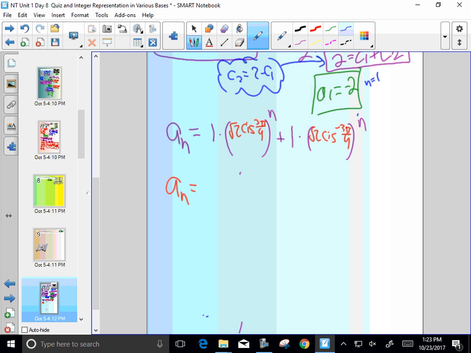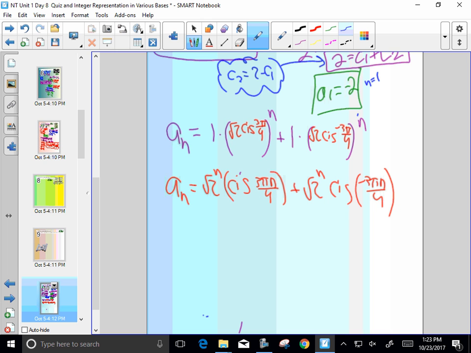Still okay? Now, this is going to be 1 times square root of 2 to the n cis. Boy, I wish I had a way of taking a power of this cis thing. Anybody remember? 3 pi n over 4. And this one is going to be square root of 2 to the n cis negative 3 pi n over 4.